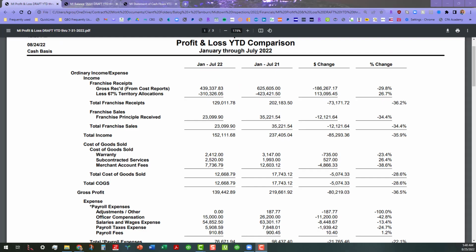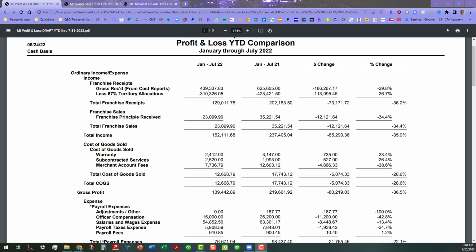So the first thing we want to talk about is where our money went. We've got to look at the total picture of the profit and loss, because we need to understand the total income or even the gross profit is just part of the picture.